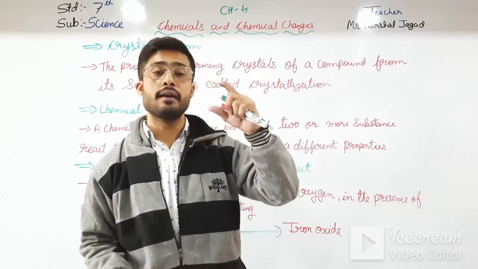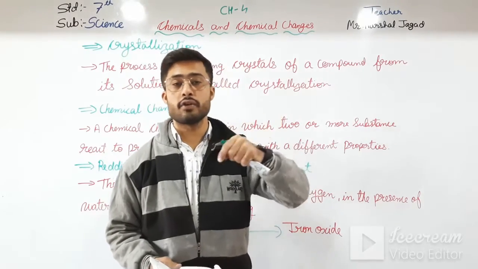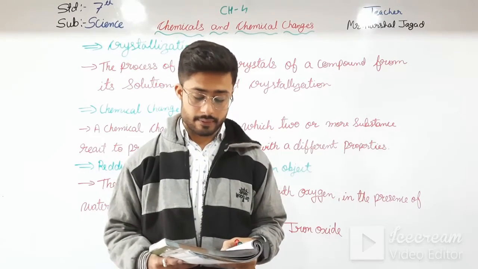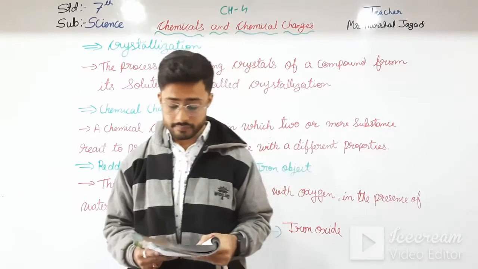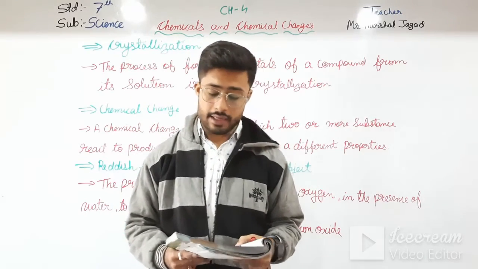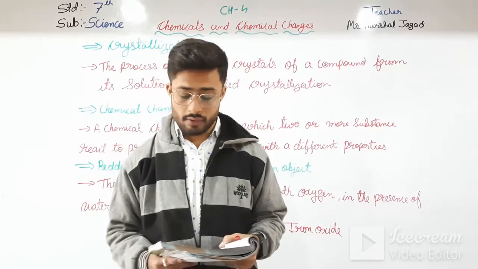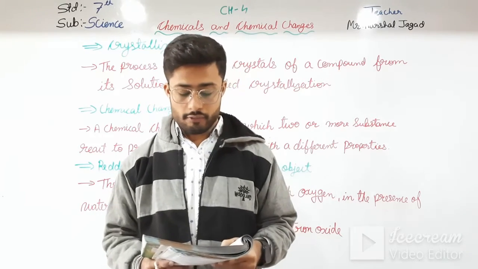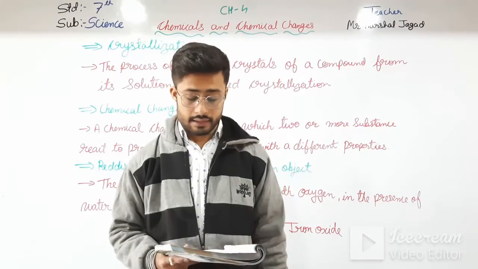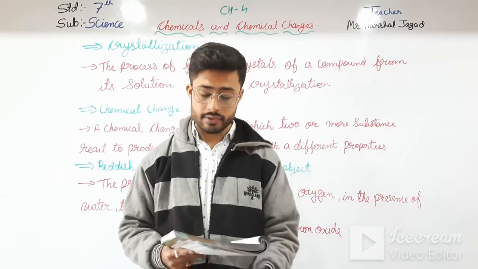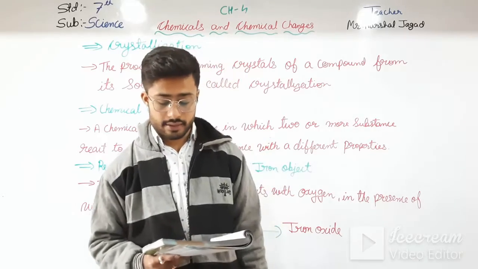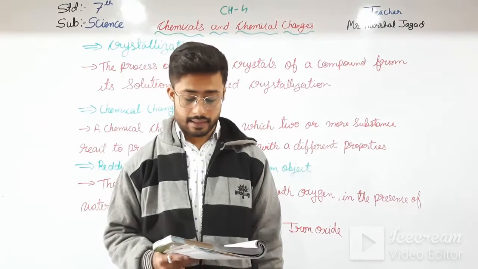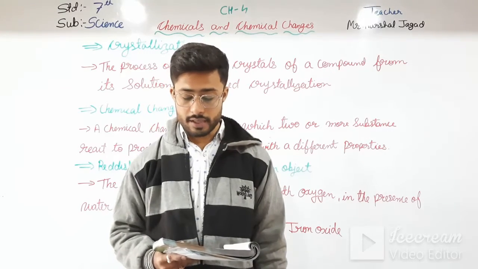Then pour some tap water in test tube A. Ensure that only half of the iron nail is submerged. Pour boiled water in test tube B. The water is boiled to ensure that there is no oxygen dissolved in it. Ensure that the iron nail is completely submerged in the boiled water.